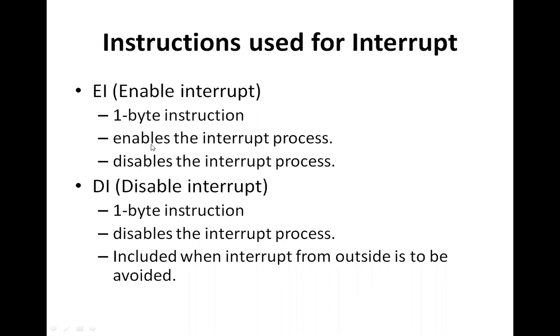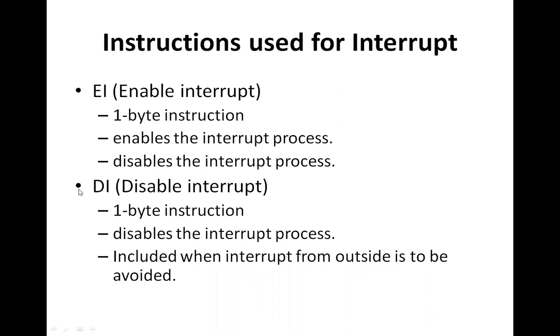However, this seems to be contradictory, but it is enabling, as well as once it receives any signal from any device who wants to interrupt, it disables the rest of the process. And second instruction is DI. DI means disable the interrupt. This is again a 1-byte instruction, and the sole purpose of the DI instruction is to disable the interrupt process.